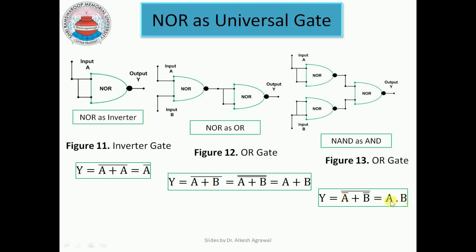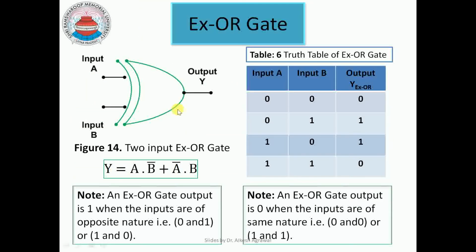A inversion inverted is A and B inversion inverted is B. So what we get is A and B. So like this NOR gates are used to realize an AND gate. So again, this NOR gate is a universal gate because we are able to realize an inverter gate, an OR gate, and an AND gate.